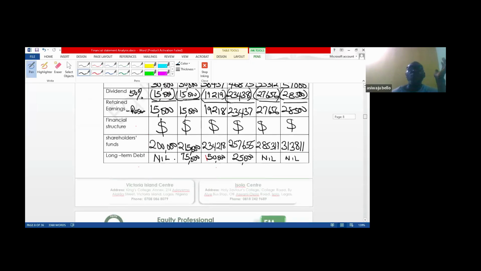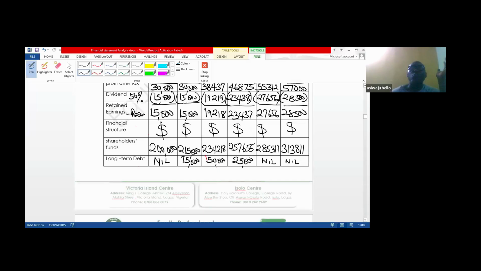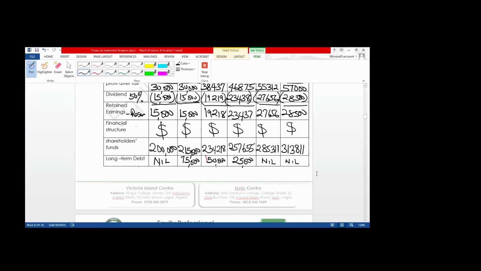You may be wondering why we don't add 15 to this. Because it has been added already. Examiner says shareholders funds. That means the examiner has added the share capital plus the retained earnings to give us 200,000 for year zero.